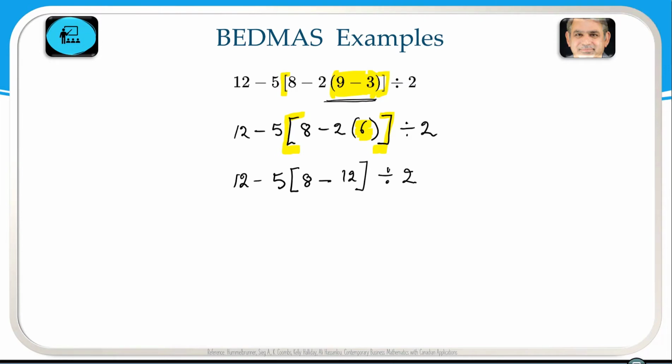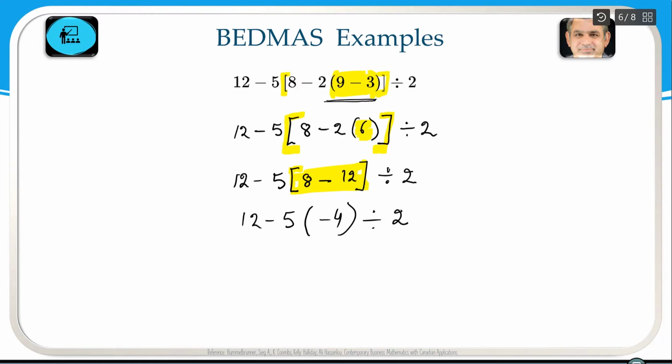And then we are still in brackets. 12 minus 5. So when we solve this one here, this is the grouping sign, or bracket sign. So this gives us minus 4. 8 minus 12 is minus 4.